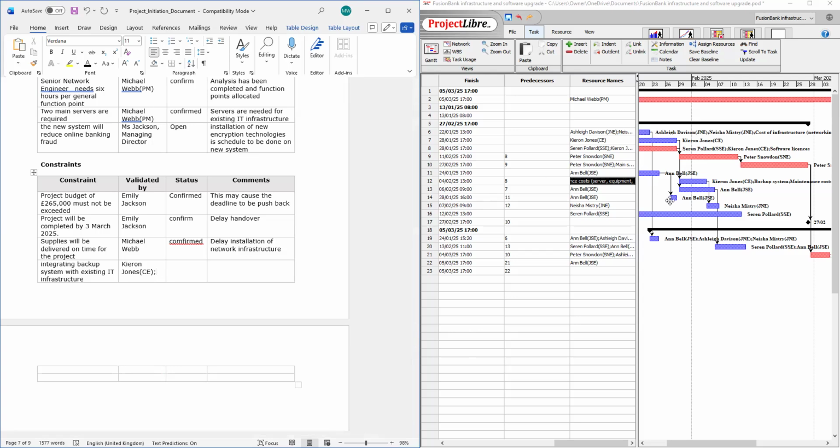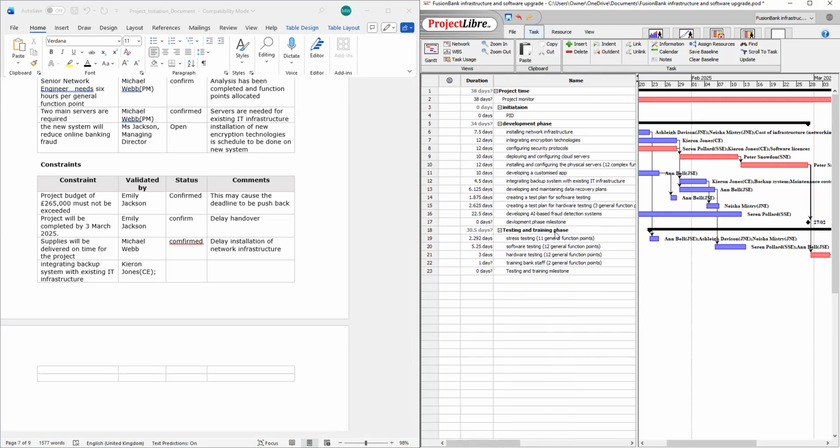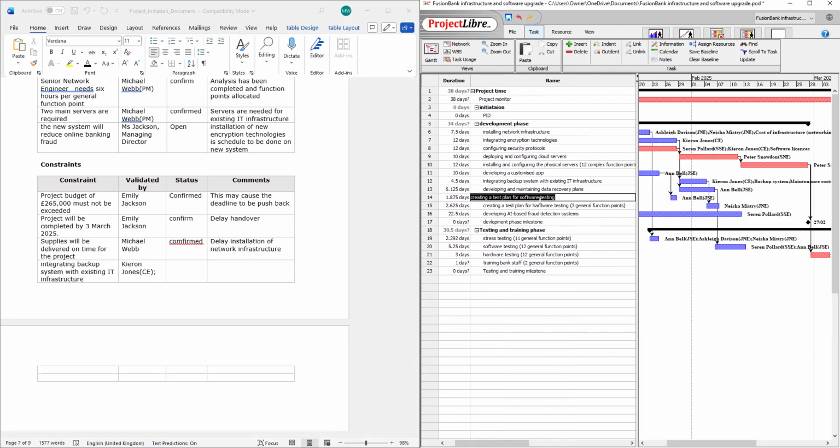And it's going to affect here. So it's going to delay creating a test plan for software.